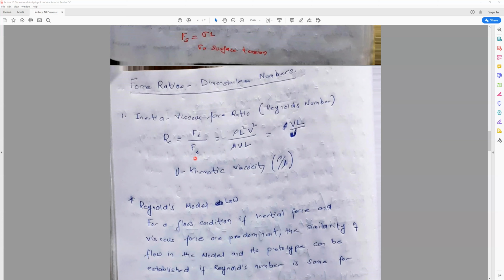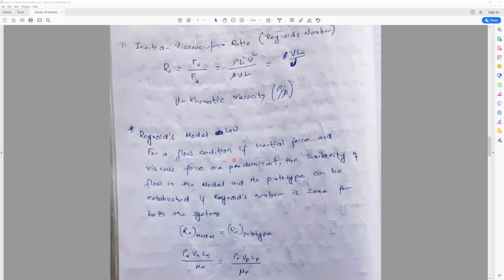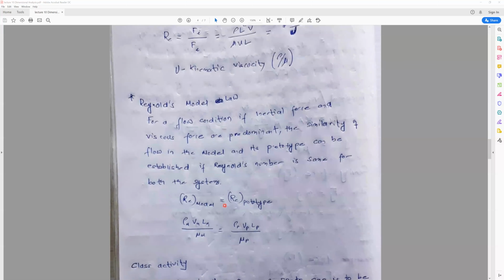Now, what the Reynolds model law says is, for a flow condition, if inertial forces and viscous forces are predominant, the similarity of the flow in the model and its prototype can be established if the Reynolds number is the same for both systems. So for a model to be dynamically similar with the prototype, the Reynolds model law must be satisfied, meaning the Reynolds number of the flow in the model should be equal to the Reynolds number of the flow in the prototype.